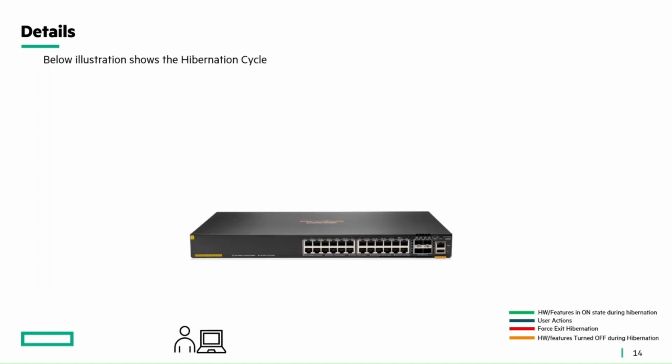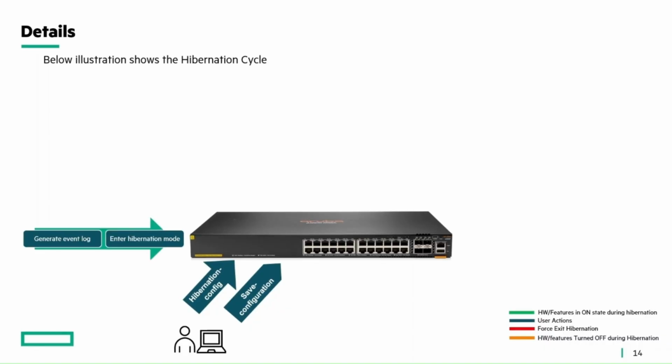The below illustration shows the hibernation cycle. This is for easy understanding of the hibernation configuration and the hibernation cycle. As a first step, the user needs to configure the hibernation configuration on the switches. Once the hibernation configuration is configured on the switch, the user needs to manually save the configuration, and then the switch will generate the event log: hibernation now is enabled or hibernation periodic is enabled.